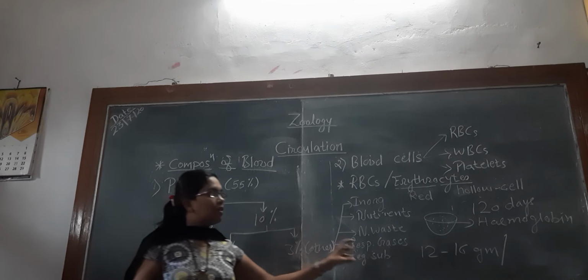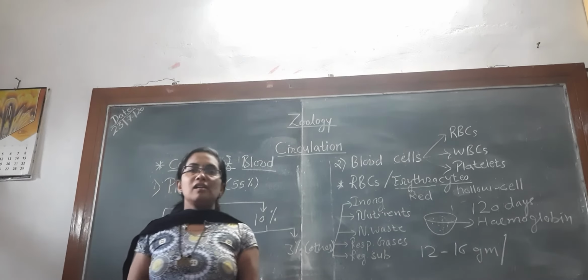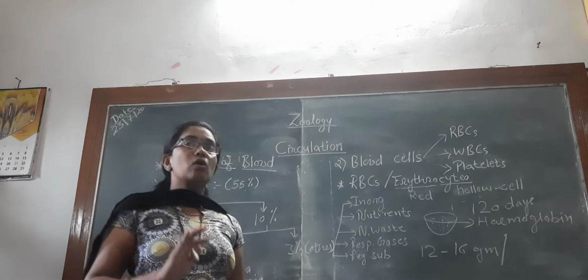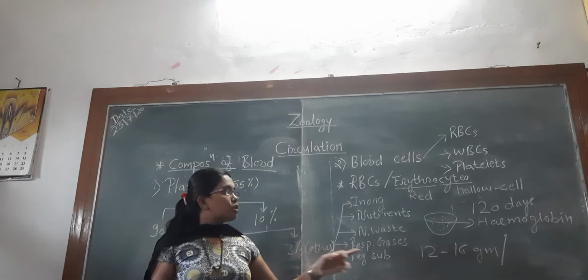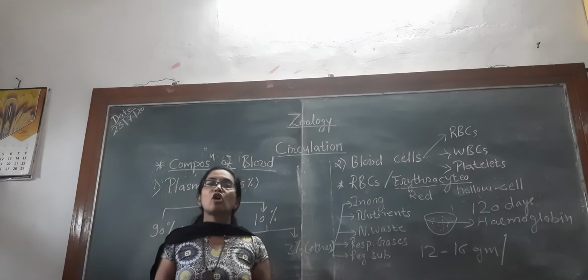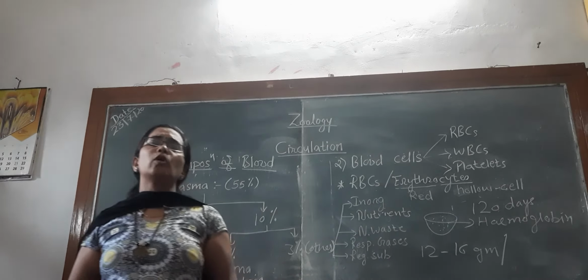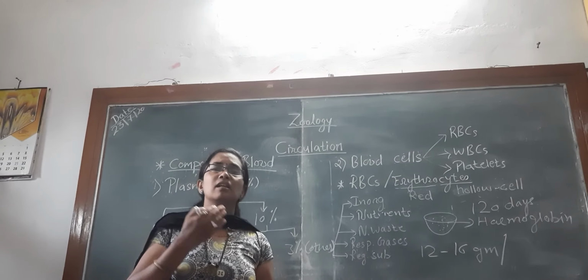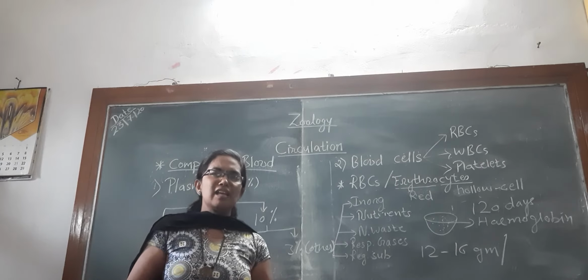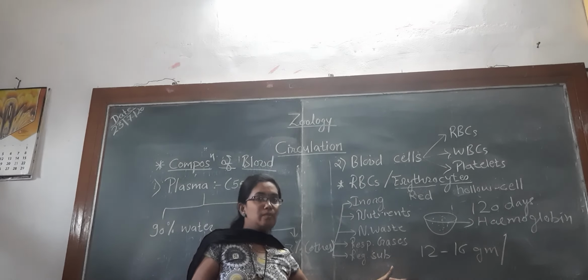If this content is maintained in male and female, it is okay, but if it reduces, the patient suffers from anemia. And mostly girls and women, due to lack of diet, lack of caution, and lack of awareness, are always in the first phases of anemia.